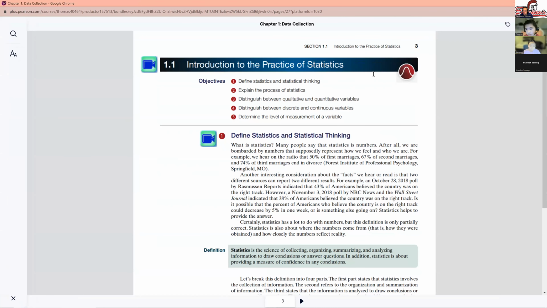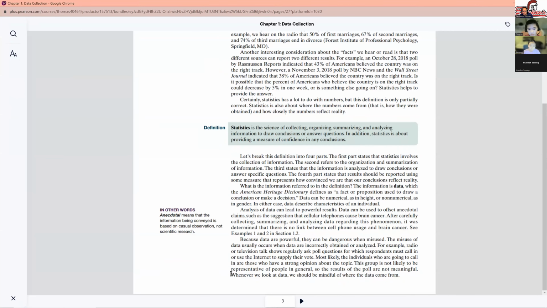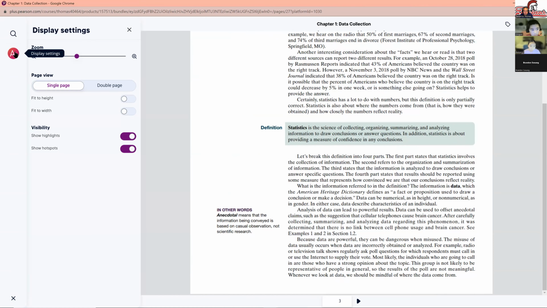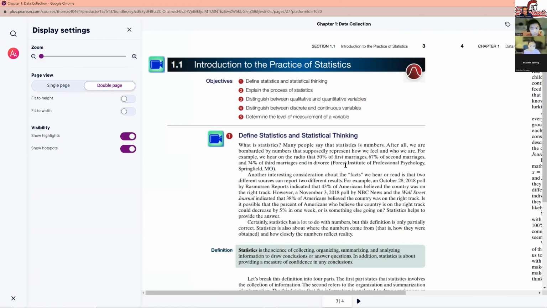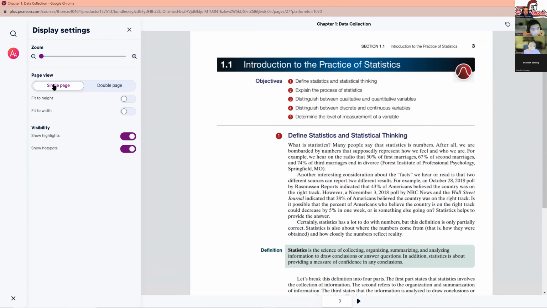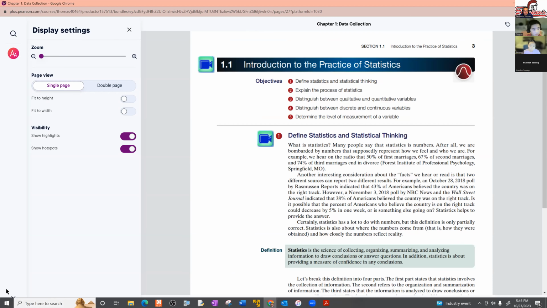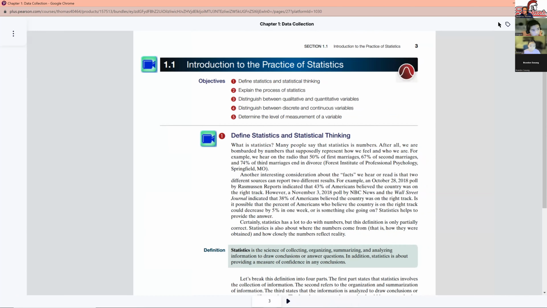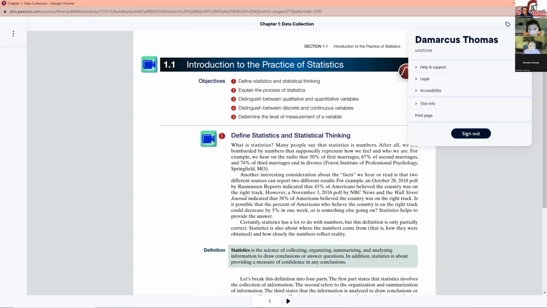I think it was in chapter 3 or 4. For some reason it doesn't have the table of contents, which is really awkward.